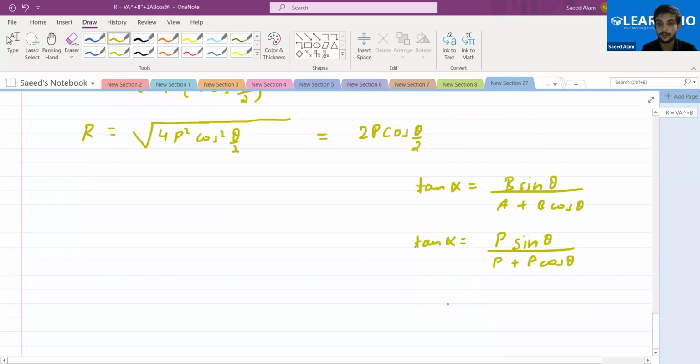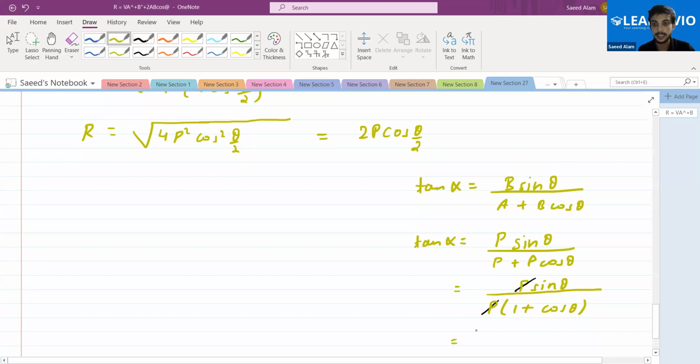So what is the next thing that comes into your mind? Take P outside. So in the numerator I'll get this expression. In the denominator, what will I get? P into 1 plus cos theta. Do I need to cancel P from the numerator and the denominator?